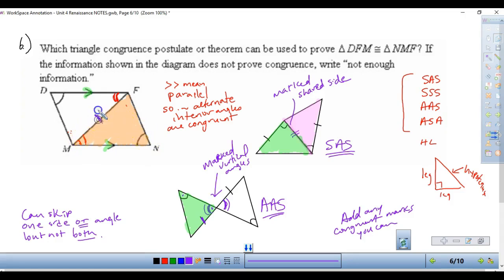You can't skip an angle and a side, so you'd have to read this way, so side, angle, angle, or I could read it this direction, which would be angle, angle, side. So it's this one, angle, angle, side, would also be called side, angle, angle. It's got two angles in it, but it doesn't have the included side because this side isn't congruent. So not the one in between the two angles, but the one to the side of them. So angle, angle, side.